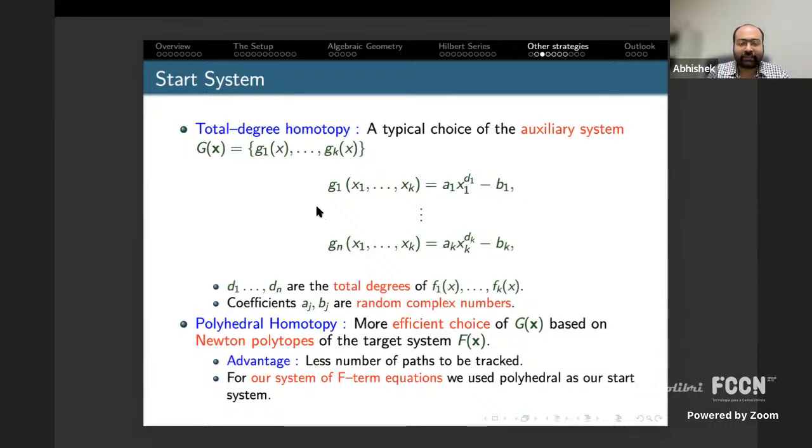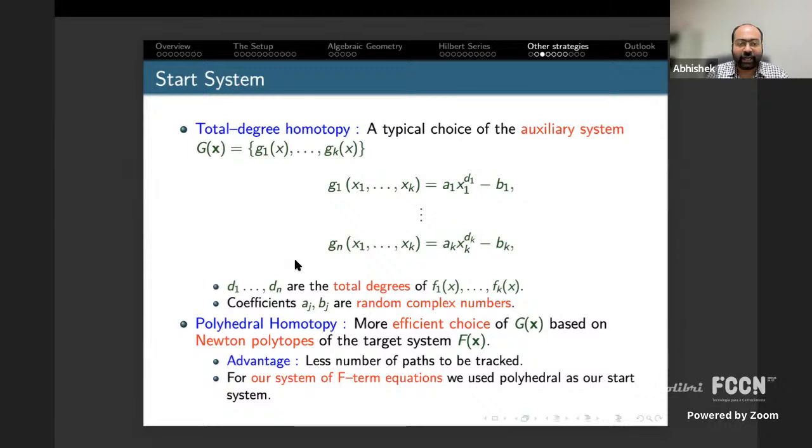But as you can see, for our systems, because we have too many variables, for the abelian case it's okay, but for the non-abelian cases, even for small charges like 2, 3, etc., we have too many variables. So this number, d1 multiplied by d2 up to dn, becomes very large.